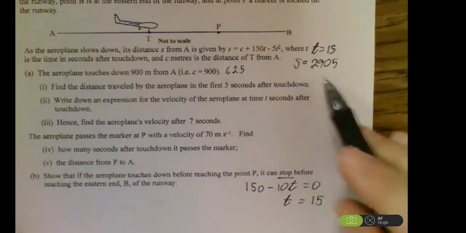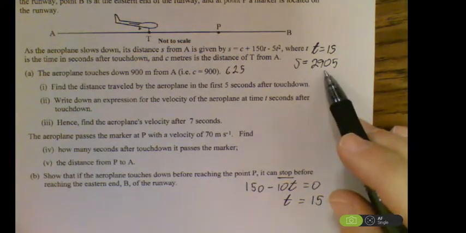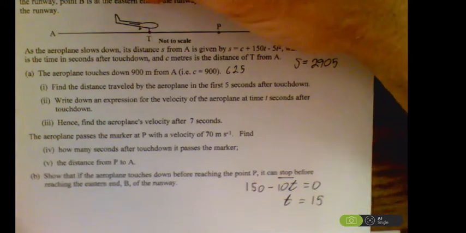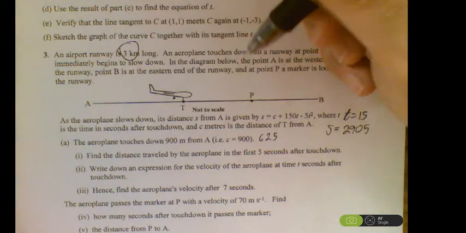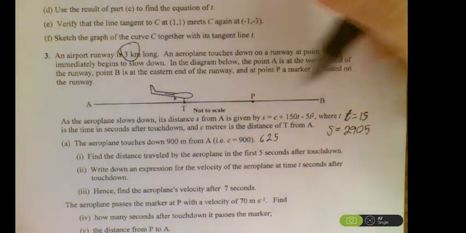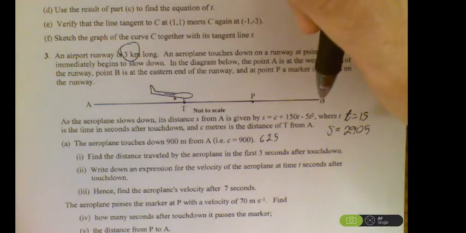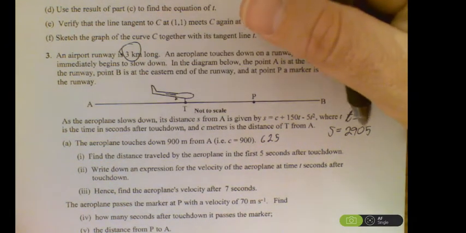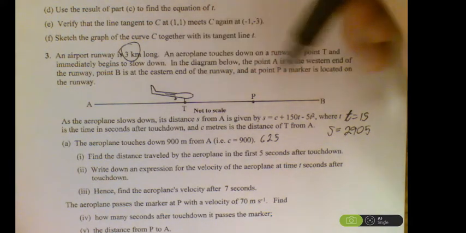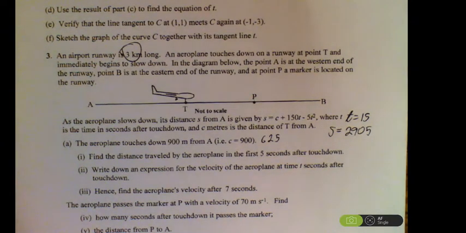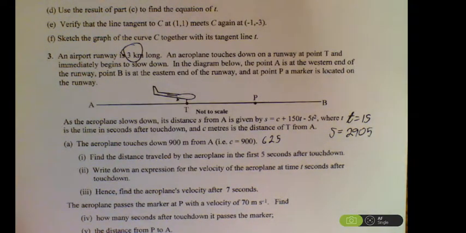And we're showing that it did have enough time to stop, because the very first sentence told us that the runway was 3,000 meters long. So if the runway was 3,000 meters, and in 15 seconds it would travel this distance, we're showing that's less than 3,000, so it did stop before it hit the end of the runway.